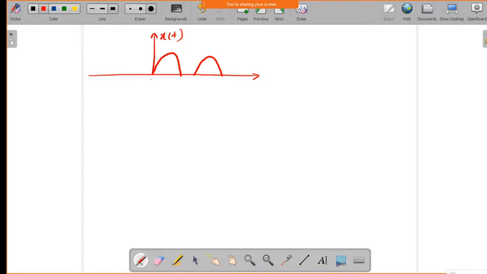That is 0, 1, 2, 3 like this, and it goes from minus 1, minus 2, minus 3, minus 4 like that. Now try to do this one. Find out the Fourier series coefficients x of k and also plot its magnitude and phase spectrum. Try to do it. What is the x of k? Tell me.